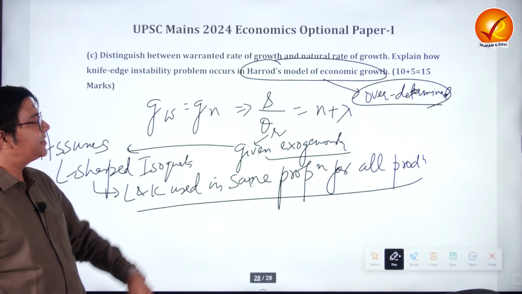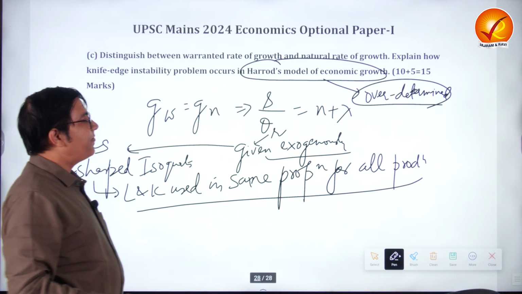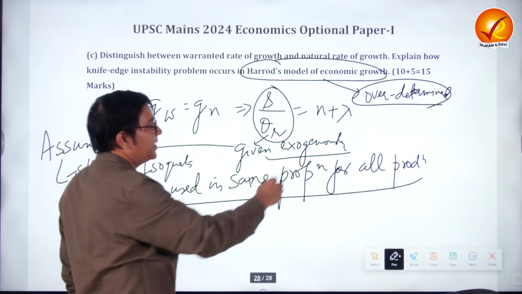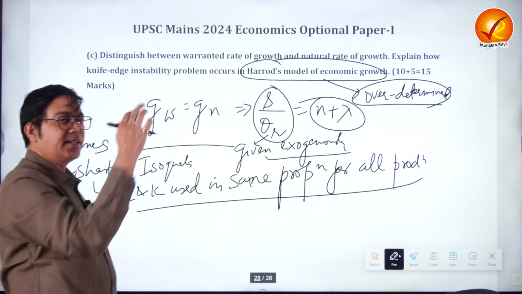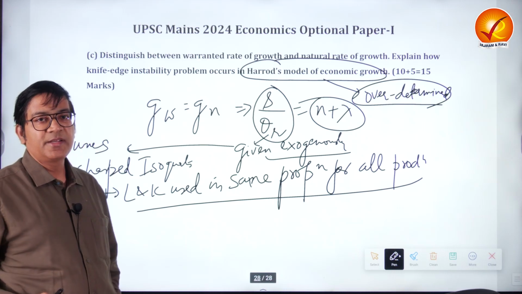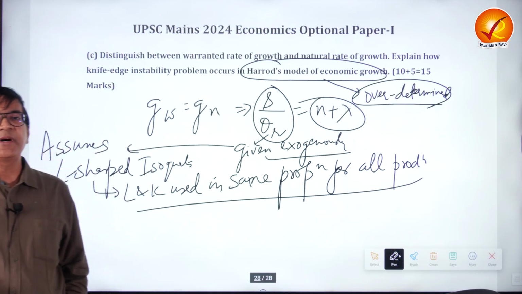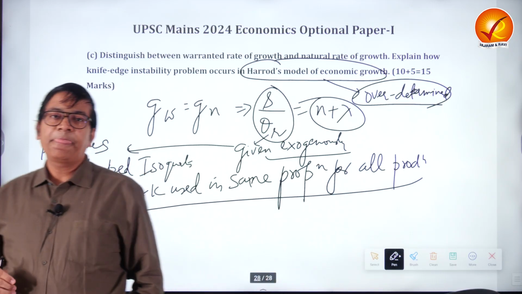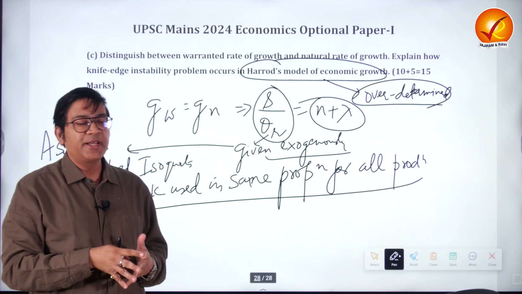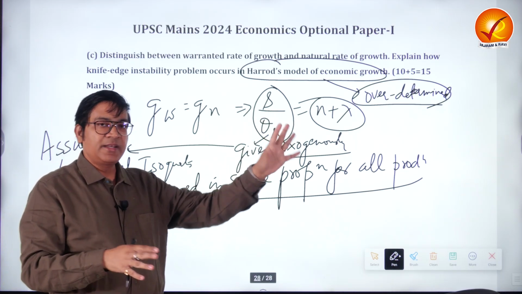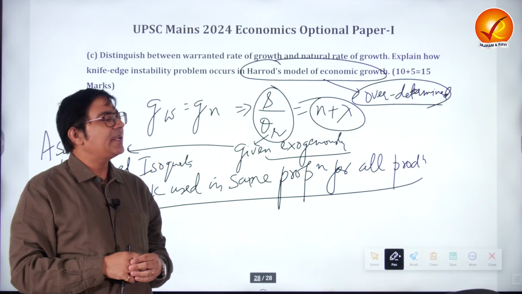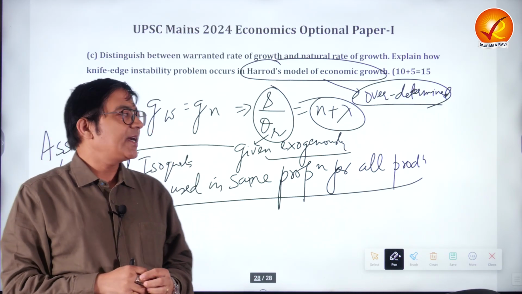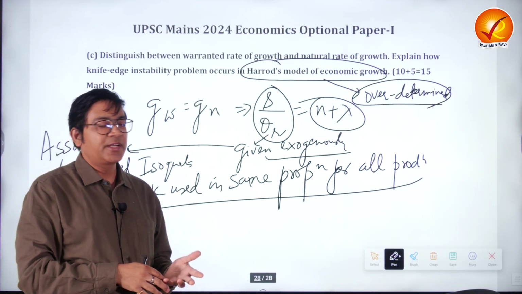But why the name knife edge instability? If by coincidence in an economy the LHS S upon theta r is equal to n plus lambda, then there will be equilibrium, otherwise not. Otherwise, economy will be on a permanent path of disequilibrium. That is why the term knife edge, as in by coincidence there may be an equilibrium, and even if there is a minor imbalance on the two sides of the equation, the economy will go in disequilibrium, which is not how typically economic models are looked into.